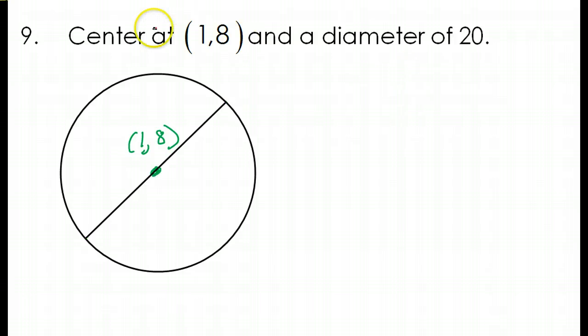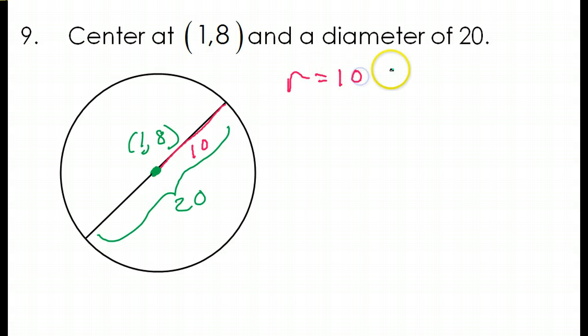Last time I gave you endpoints, so this should not be too bad. If the diameter is 20, that means this whole thing is 20. That's what diameter means, by the way, if you didn't know that. Then the radius, of course, is 10, because the radius will just be half of that. So indirectly they're giving us that the radius is 10.